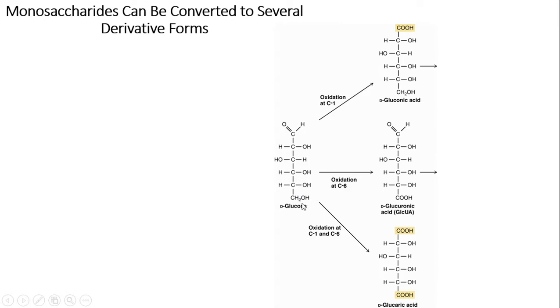If we oxidize C6 at this position, we get a carboxyl group on the 6th carbon, and this is glucuronic acid. You're not responsible for the names of these acids, but you do need to know what comes from the oxidation of these groups. We could also oxidize both C1 and C6 to get glucaric acid. So remember, oxidation is going to be the gain of carbon to oxygen bonds and the loss of hydrogen.